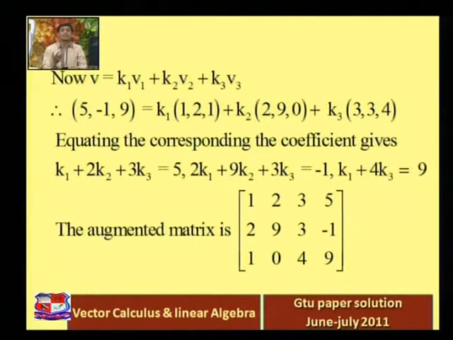If any row contains all 0s, it should be at the bottom of the matrix. And as we go from above to below, the leading entry moves from left to right. So these are the three conditions for row echelon form.